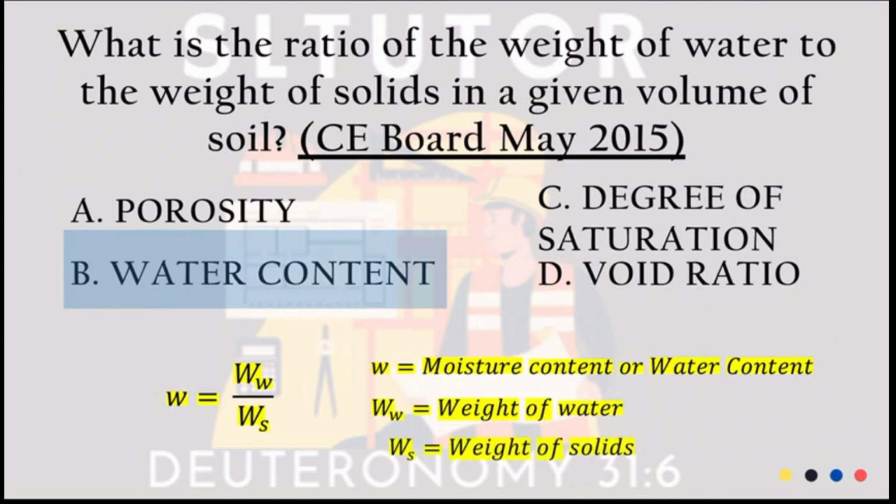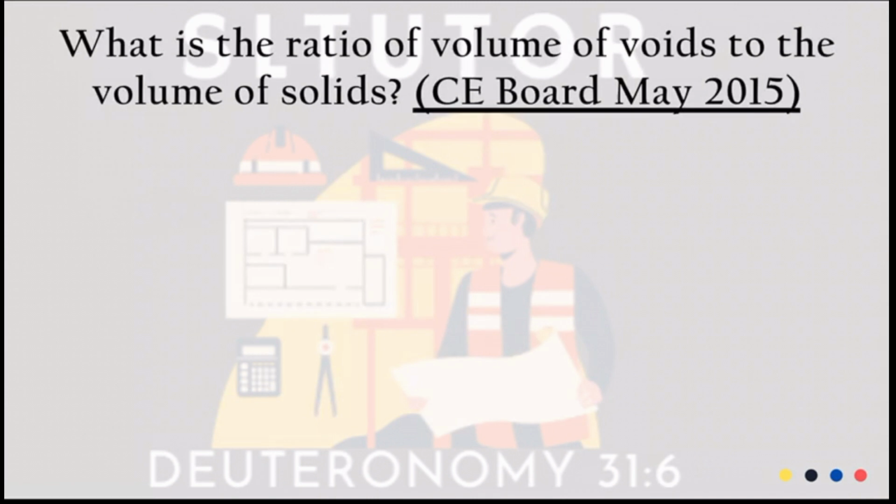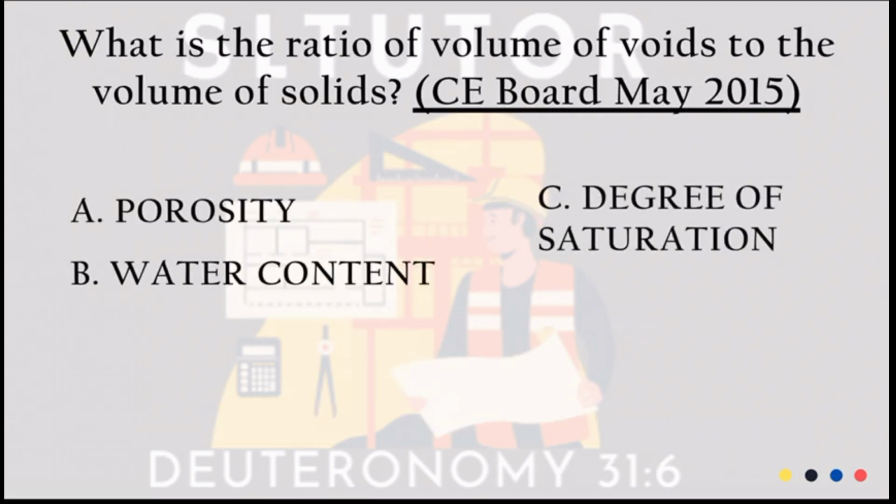Now, last question. What is the ratio of volume of voids to the volume of solids? Letter A, porosity. Letter B, water content. Letter C, degree of saturation. And letter D, void ratio. So, kanina, water content na yung sagot, and then eliminate na natin yung letter A and letter C kasi yun na yung sagot sa question 2 and 3.